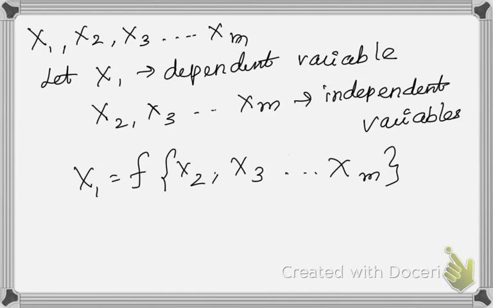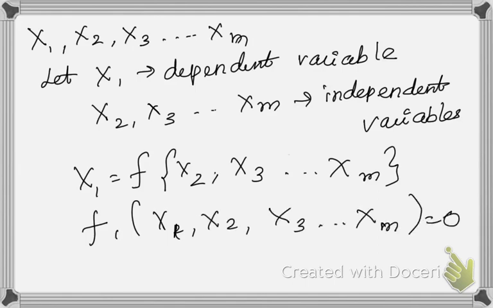This can be rewritten as a function f1 of x1, x2, x3 up to xm is equal to 0, and this equation will be a dimensionally homogeneous equation.